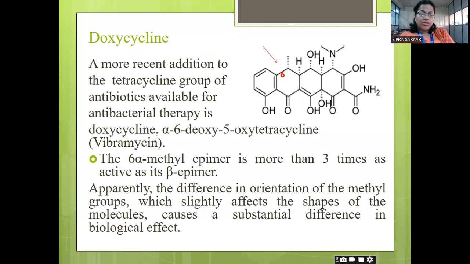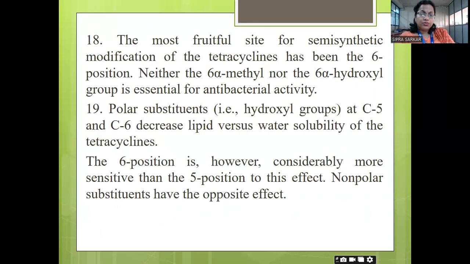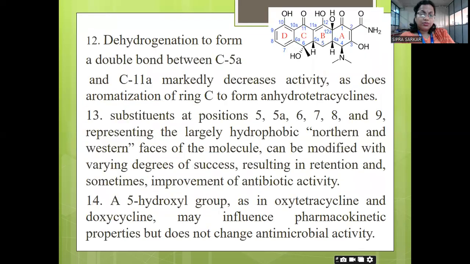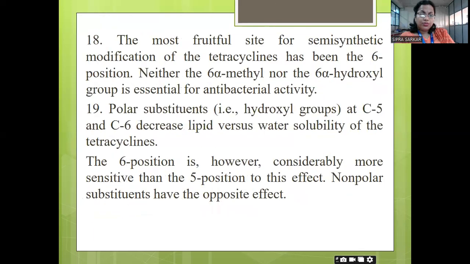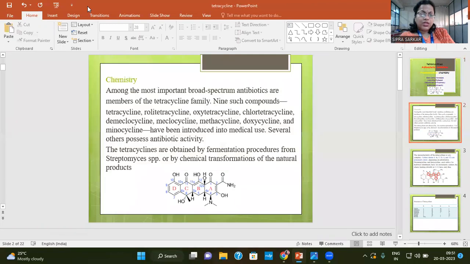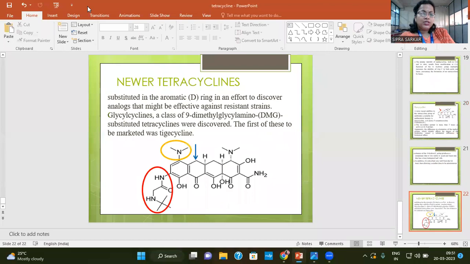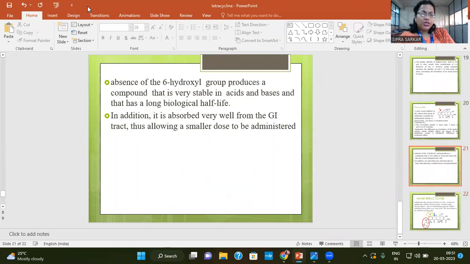So doxycycline I have already discussed. These are the total tetracycline structures, with different nomenclature.